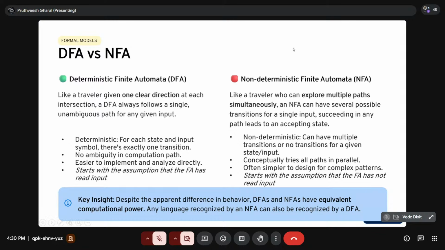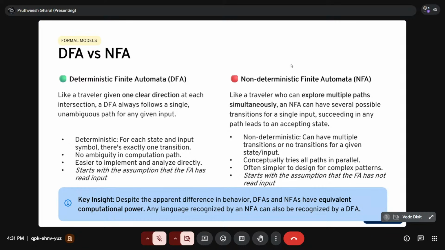It can move straight and take a left turn, or it can directly take the next left turn. That is not in our hands. So we determine all of the possible paths a machine can take at any given input. We have written here: conceptually tries all paths in parallel. We'll see how it applies when we are designing machines.